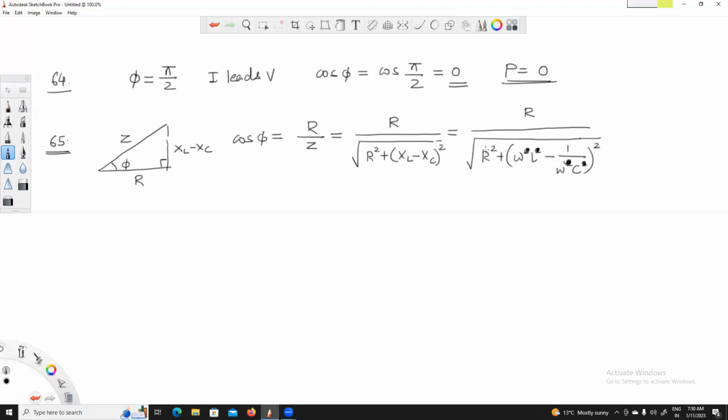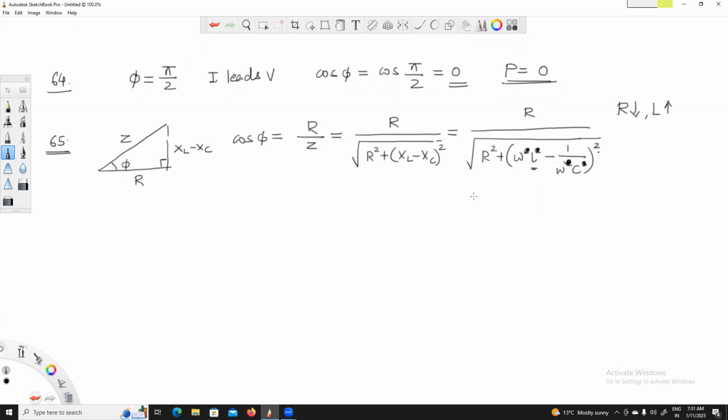Now, the first option, inductance and resistance both high. If my inductance is high, this L value is high, then this square is high, then the denominator is high. But simultaneously, if my resistance is also high, then I may get a higher value of cos phi. So it is not the correct option. So what I should expect, R should be as low as possible and L should be as high as possible from this particular expression.